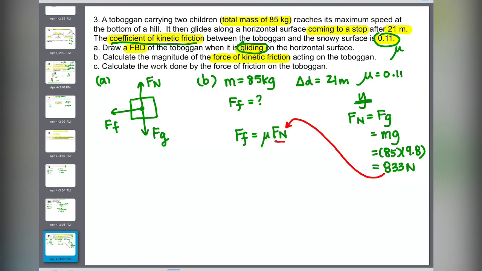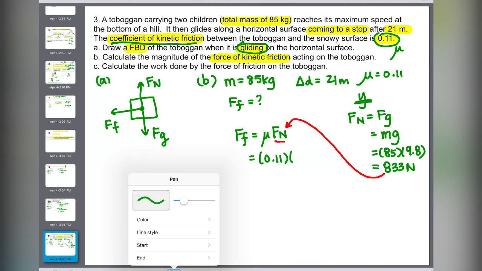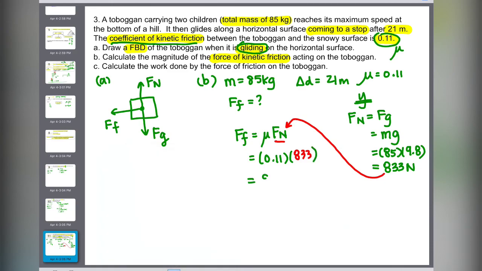Okay, so it equals mu, which is 0.11 times the force of normal that we calculated here. So 833. Okay, so times 0.11. So this equals 91.63 Newton.